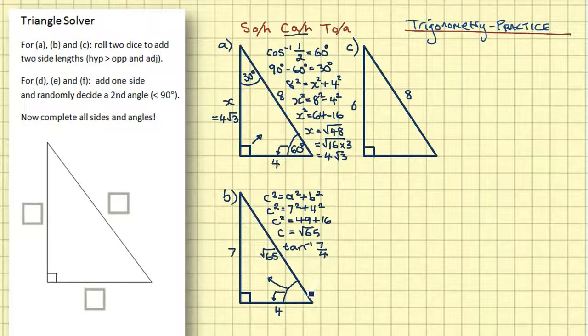Okay, so what I'm going to do is round to the nearest degree. In other words, what I've got here is 60 degrees, roughly like that. But I need to note down that I've rounded to nearest degree.